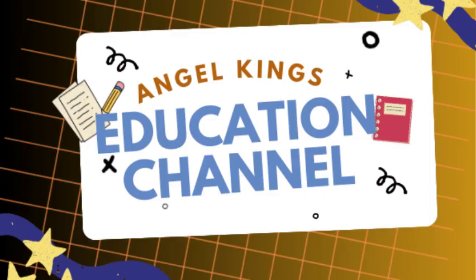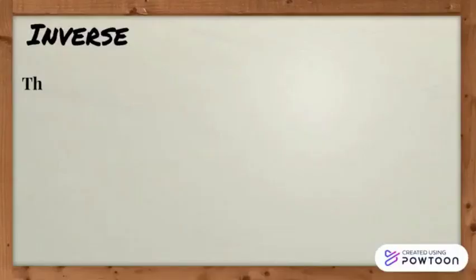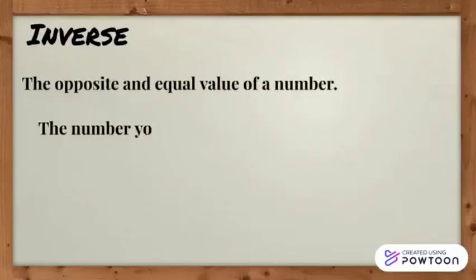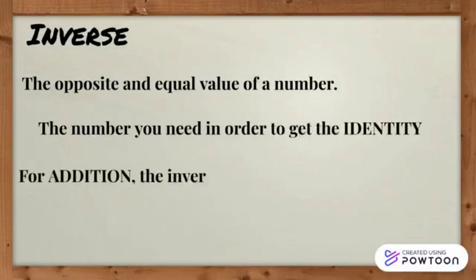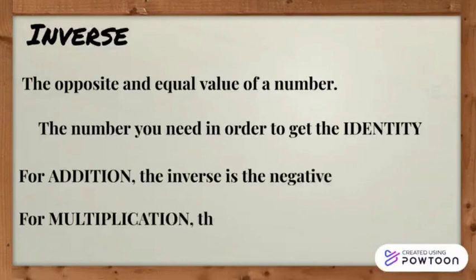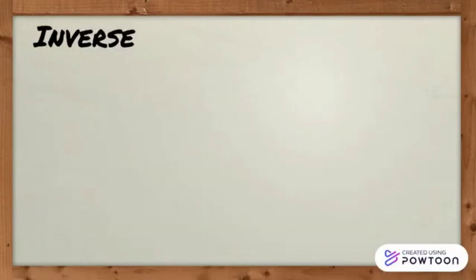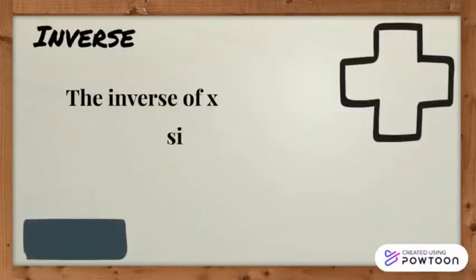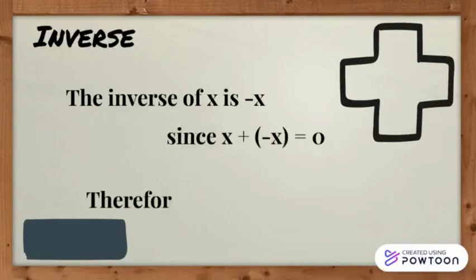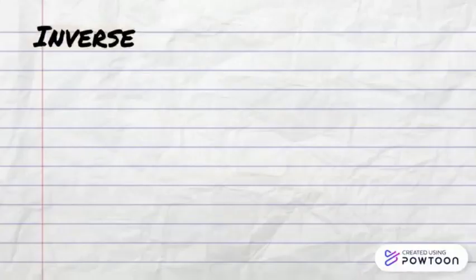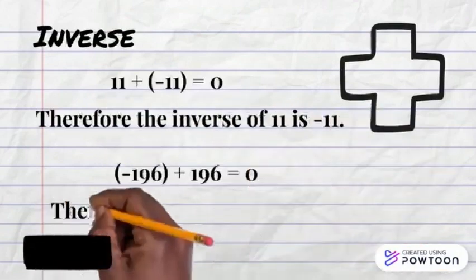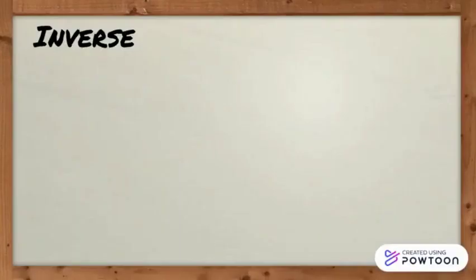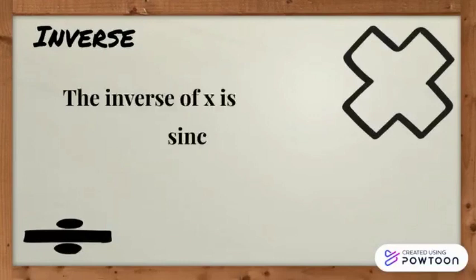The inverse is basically a number which, when operated on another number, will give the identity of that operation. In terms of addition and subtraction, the inverse is just the negative of the number in question. For instance, the inverse of -1 is +1. The inverse of 70 is -70, etc. For multiplication and division, the inverse is what we call the reciprocal.